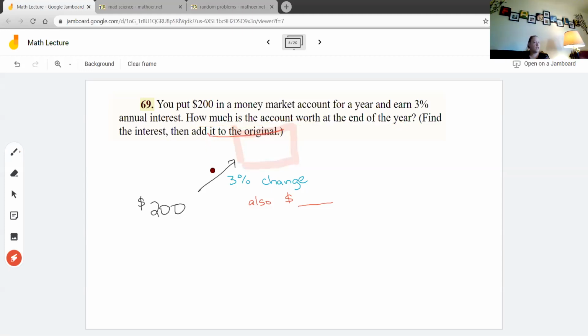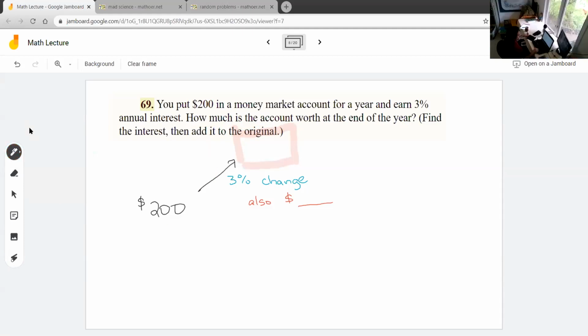Wouldn't it be 206? It is 206. We have to do exactly the same work. You don't need to actually write this twice like I am, but that's okay.